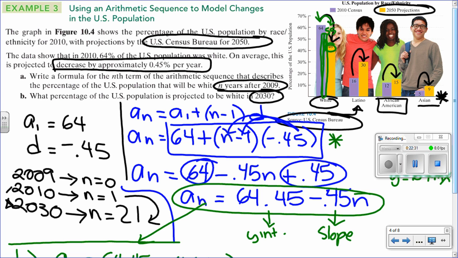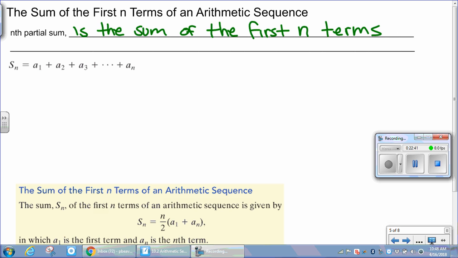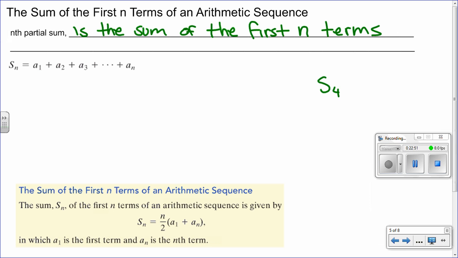All right, so let's go to the next slide, and then let's write that definition before you go to your break. We're using n to generalize, so it will be the sum of the first n terms. So if we have something like S sub 4, we're going to be adding the first 4 terms. But of course, if we don't know how many we're talking about, we use n.